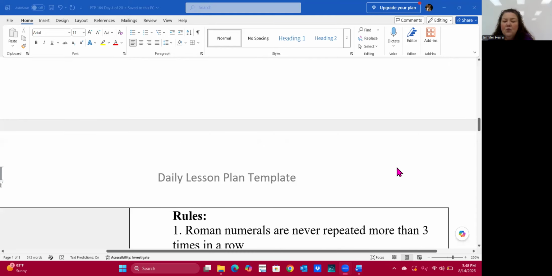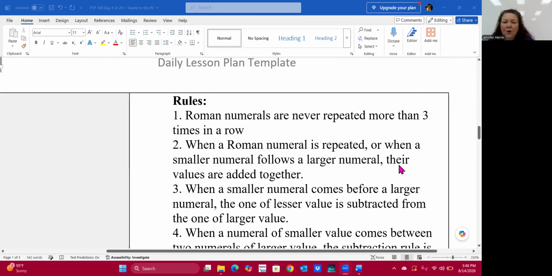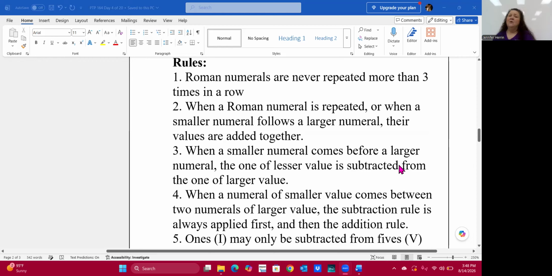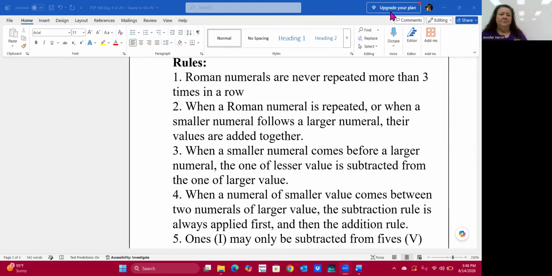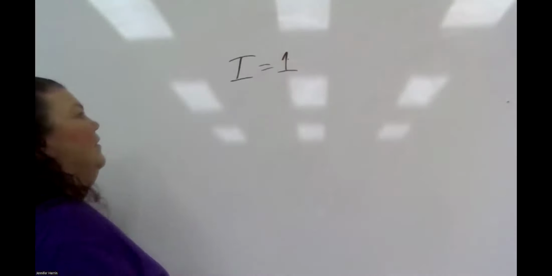So we do have some rules associated with our Roman numerals. Rule number 1 says that Roman numerals are never repeated more than 3 times in a row. So, what do we mean by that? Well, let's take a peek here. Remember the I represents the Arabic number 1.